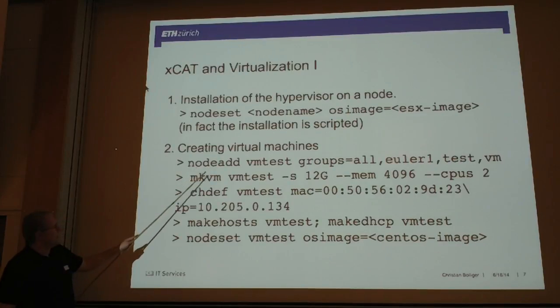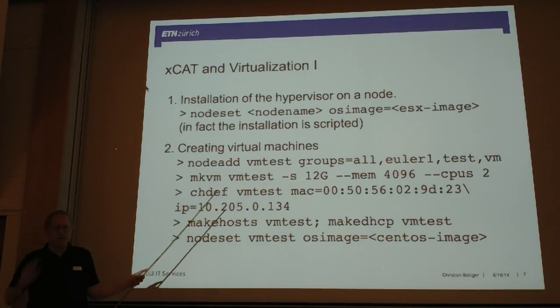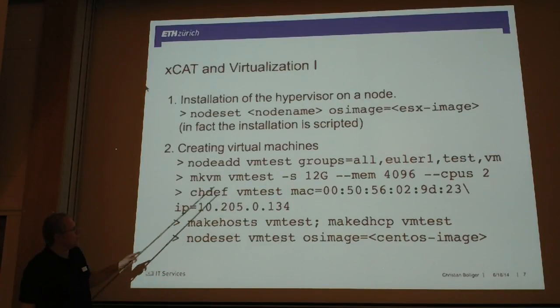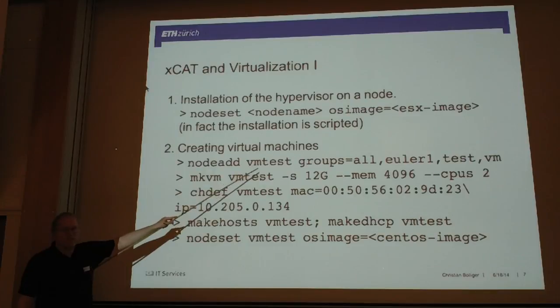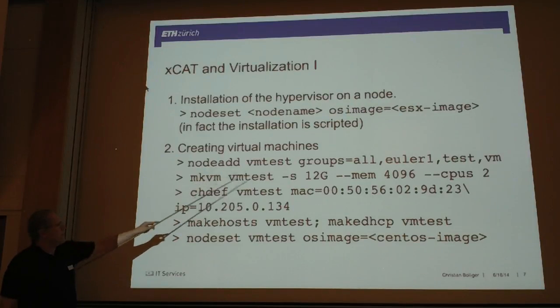And then you can produce your virtual machine from the command line as well, using an XCAT command, which is the same whatever the underlying virtual system is. So if you have KVM or VMware as we have, it's the same.